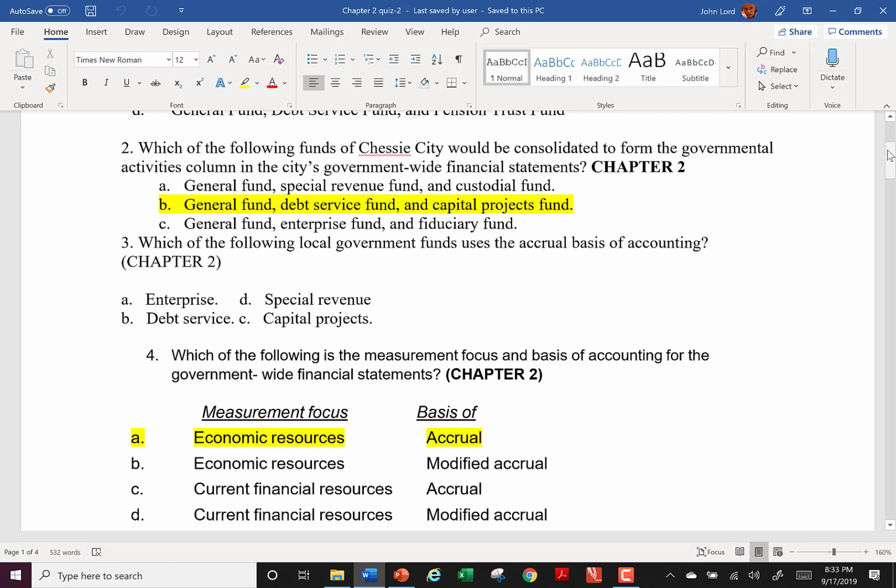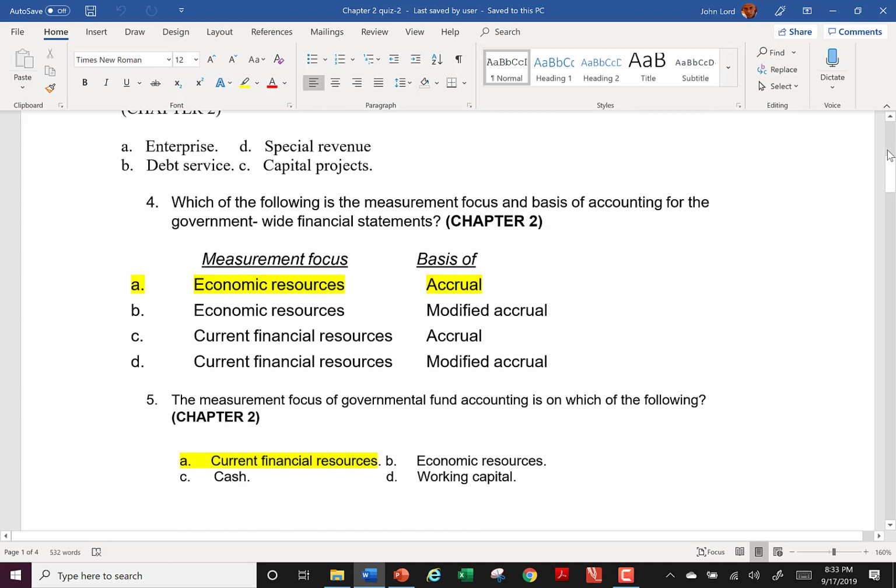Good. Which of the following is a measurement focus and basis of accounting for the government-wide statements? And this almost looks like that table I showed you as the summary table. Government-wide uses economic resources, full accrual accounting, right? Yes. Okay.